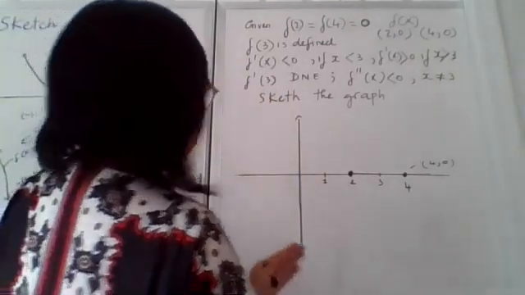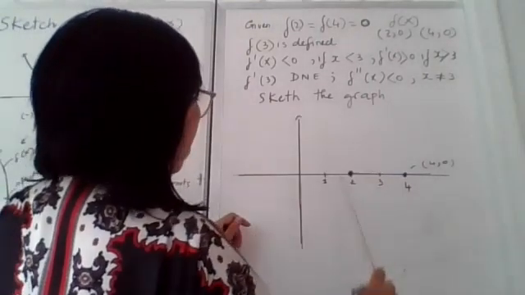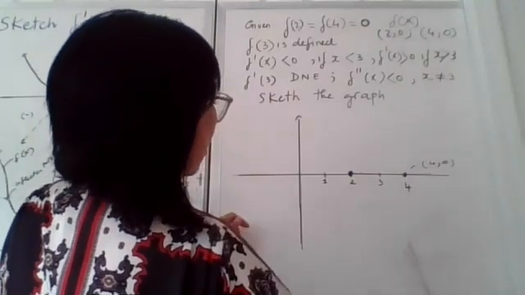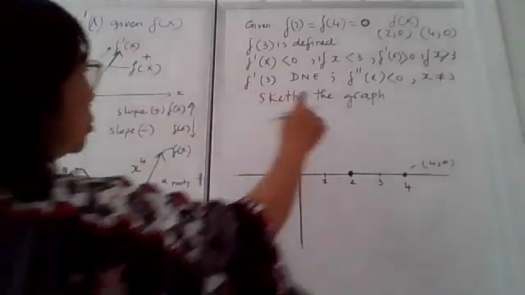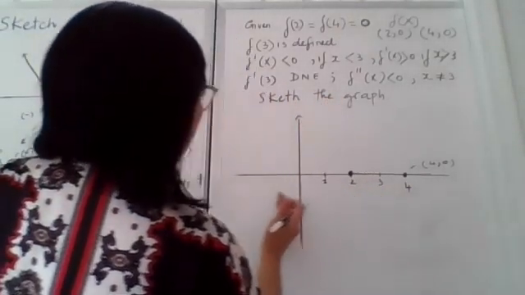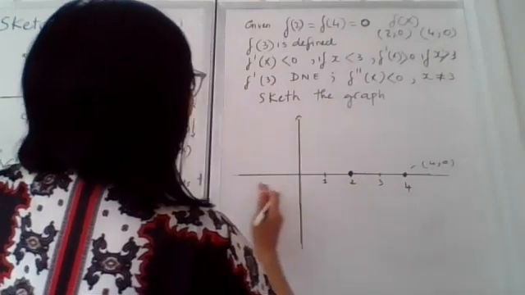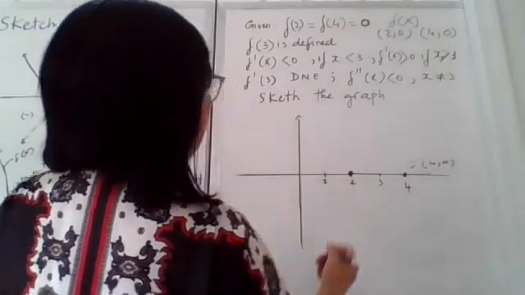Because they say that the slope is negative. When the slope is negative, like this, our function is decreasing, right? So we know it has to go not this way, but this way. So from this point forward, the slope is negative, so our function is decreasing, okay?